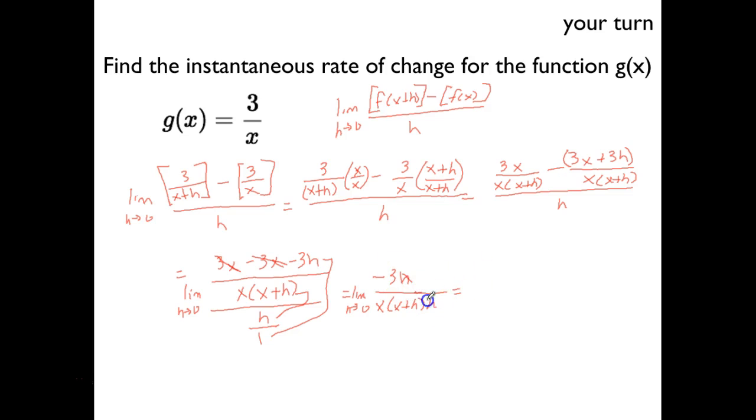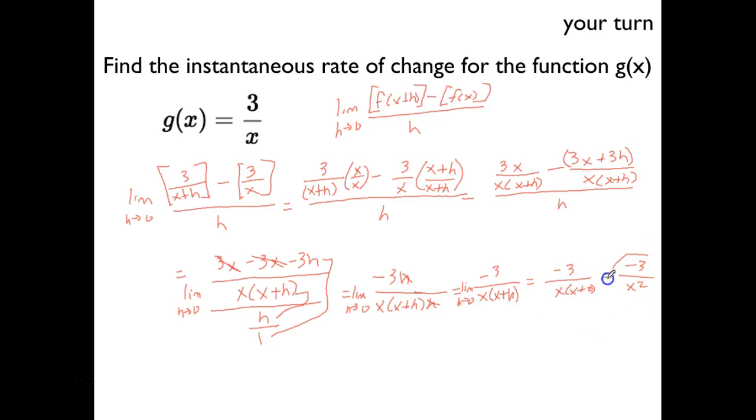But I can cancel h's now, leaving me with negative 3 over x times x plus h. Now, I'm still doing the limit as h approaches 0. I can plug in 0. If I do that, that leaves me with negative 3 over x times x plus 0, which is the same as negative 3 over x squared.